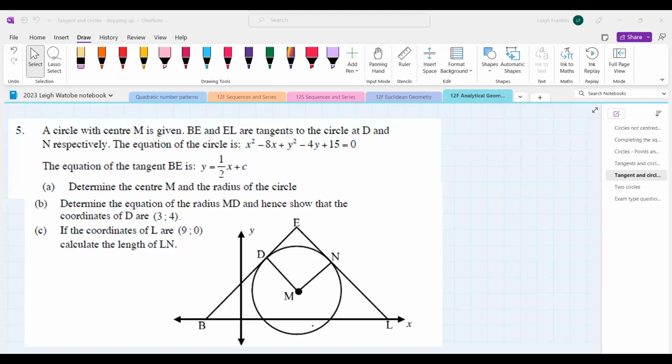So when they ask you to determine the radius, they want its length. Kanyiso, they want its length. It's a badly phrased question. They should have said determine the coordinates of the center M and the length of the radius, but that's what they mean.